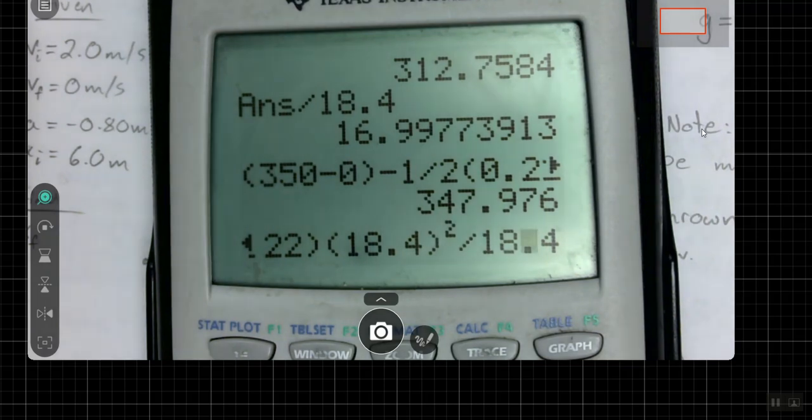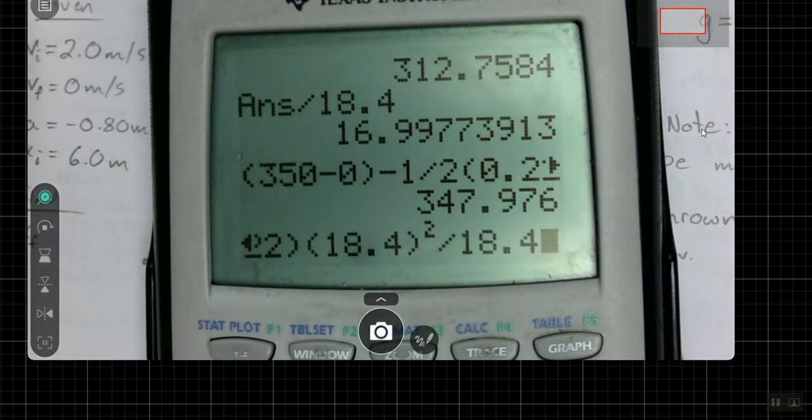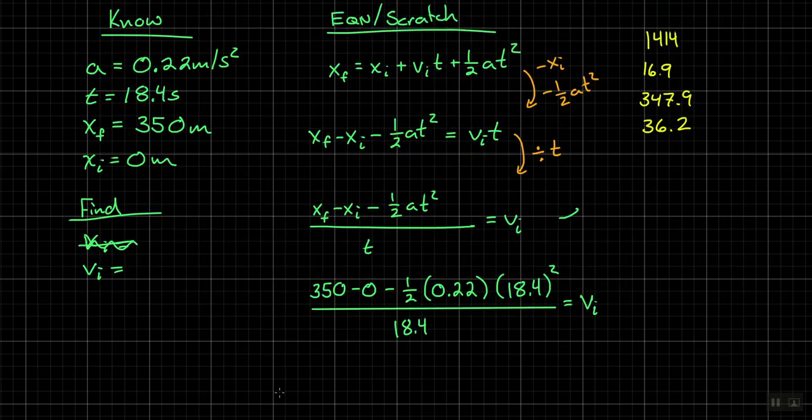When I see this typed in, what I see typed in is exactly this: 350 minus 0 minus 1/2 times 0.22 times 18.4 squared divided by 18.4. This is what your calculator thinks you just did. It did that because you didn't specify.